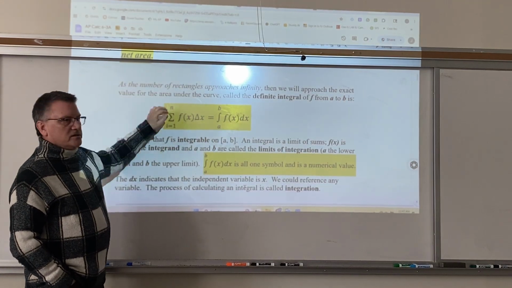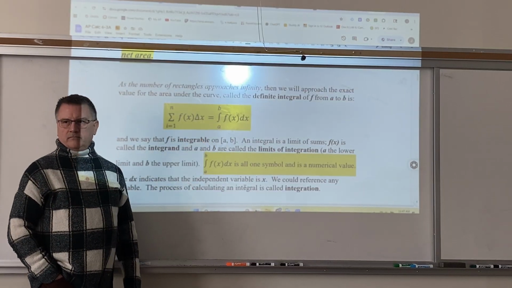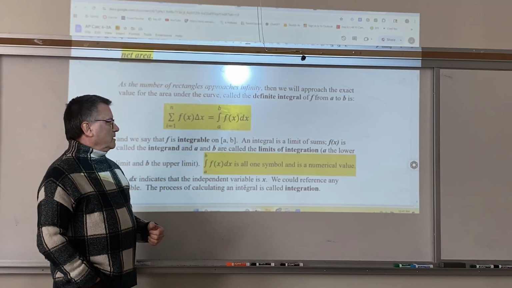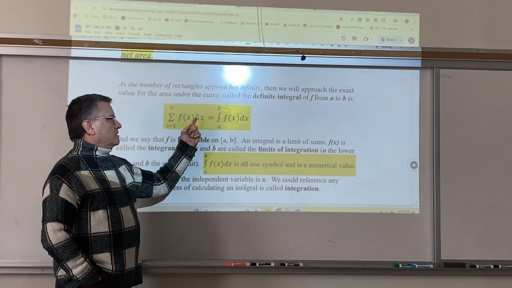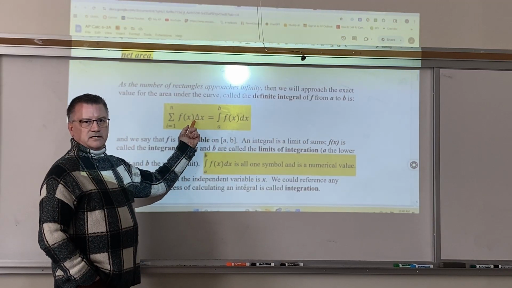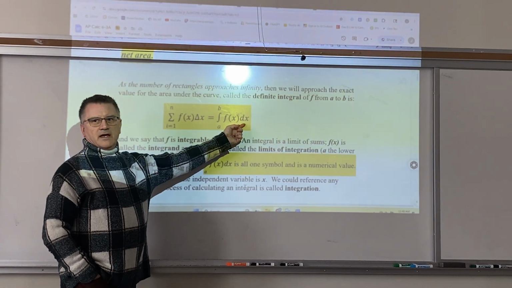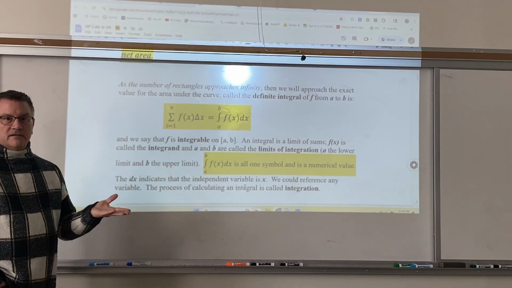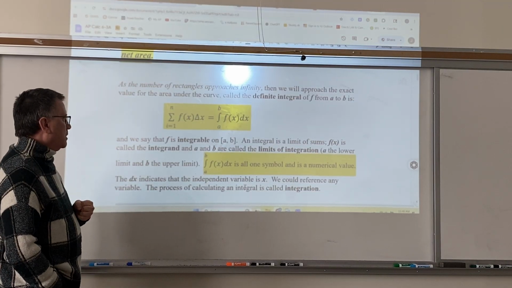And if you can imagine doing that an infinite number of times, you get this thing. The integral from A to B of your function, dx takes the place of change of x. Since this is the same every time, we're going to change it to dx. And when we have a definite integral, the dx is just going to mean, hey, that's the variable we're interested in, change of x. Okay?